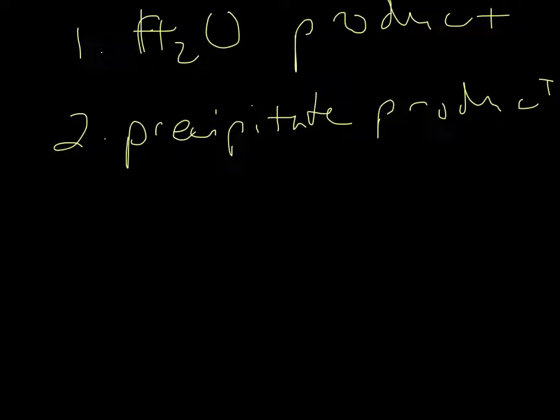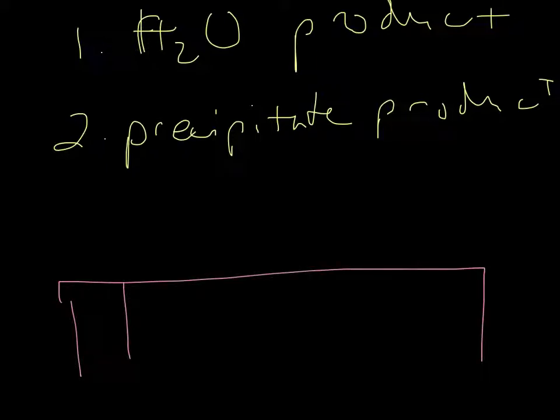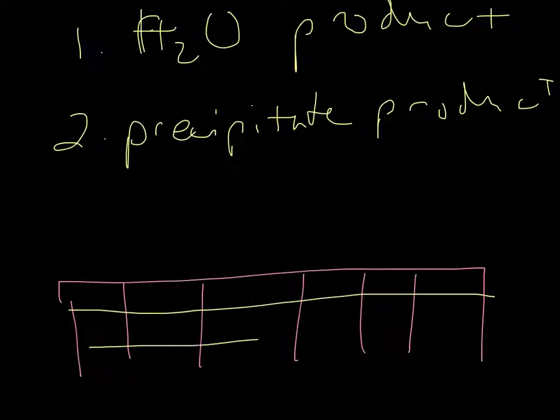But anyways, if you're going to go across the top of your table to the ion, I'll just draw a little table for you down here if I can, just a rough sketch. It's going to have a couple columns, and then a couple rows.